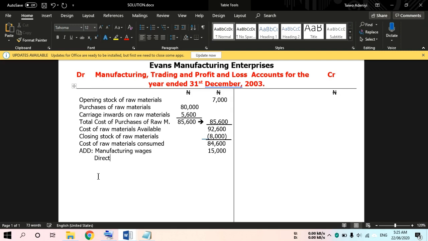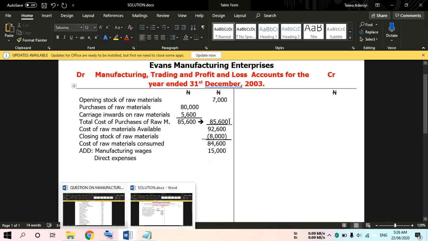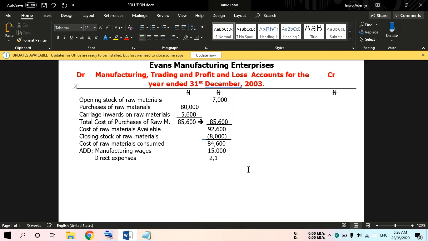Direct expenses, that's 2,140 naira. Good.